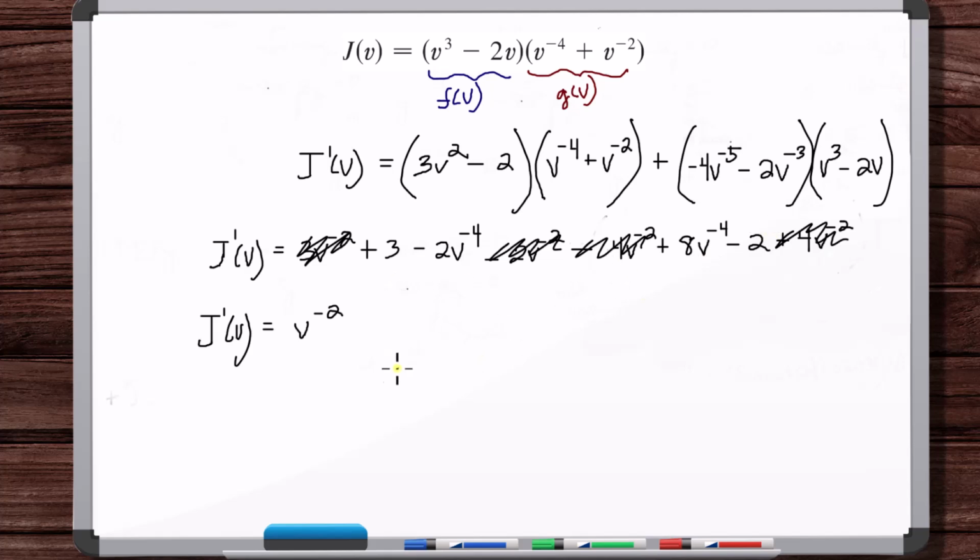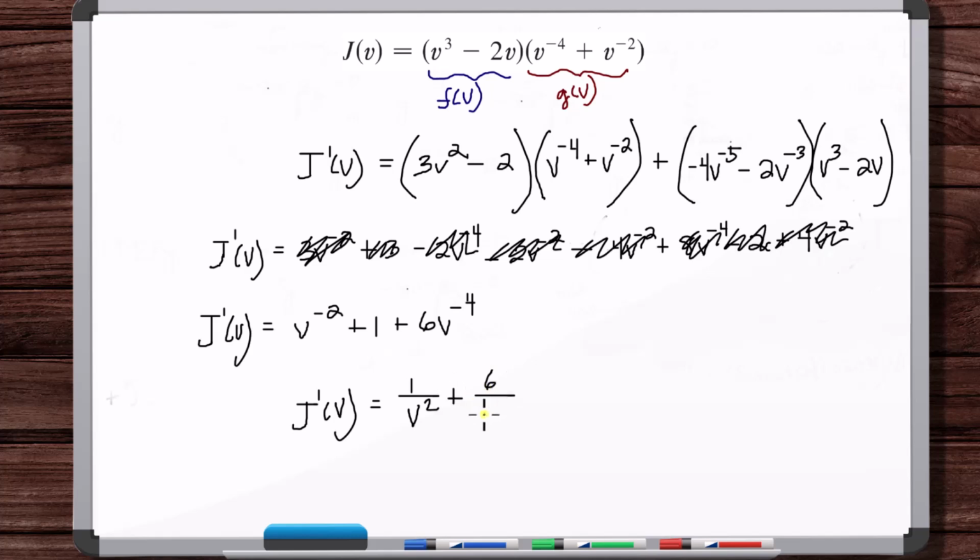Okay, 3 minus 2 plus 1, minus 2 plus 8 plus 6. All right. So j prime of v is equal to 1 over v squared plus 6 over v to the fourth plus 1.